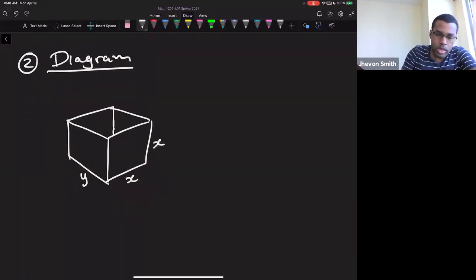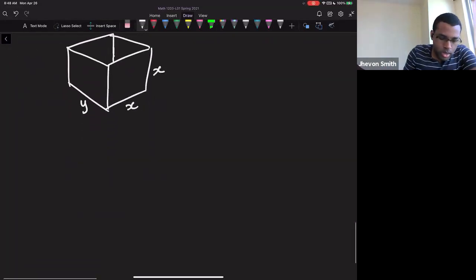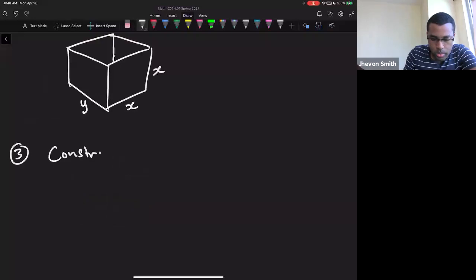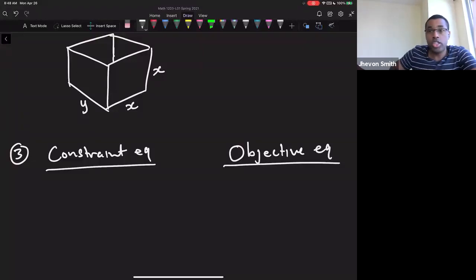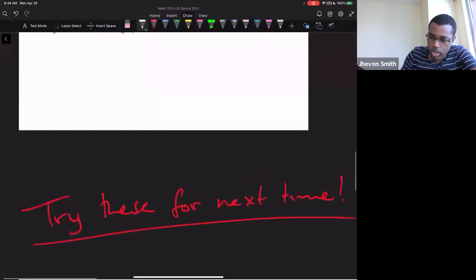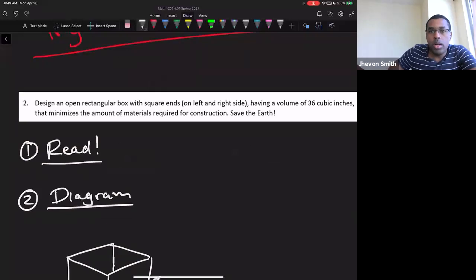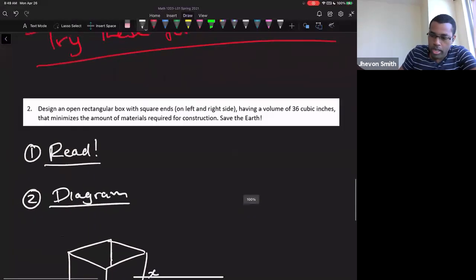Okay, so that's our diagram. Moving on to step 3, we're going to find our constraint equations and objective equations. So remember, the constraint describes the restriction. What is our restriction? Volume must be 36 cubic inches.